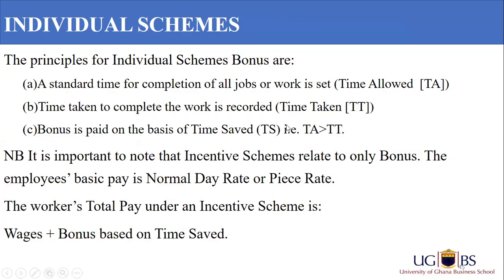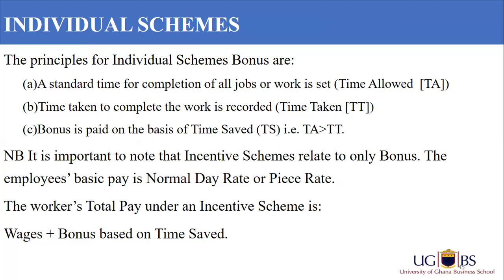So if your time allowed is greater than your time taken, then there is a bonus, meaning that you've used less time. It is important to know that incentive schemes relate only to the bonus. The employee's basic pay is the normal day rate or piece rate.